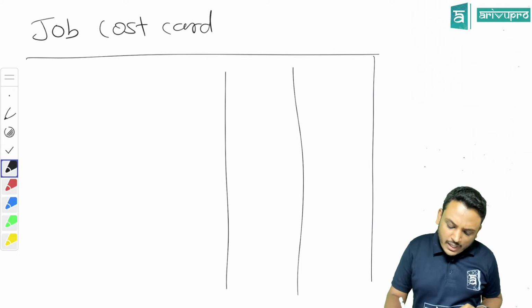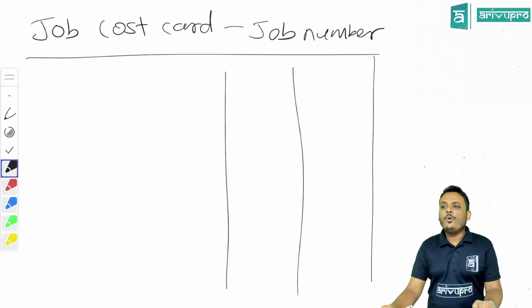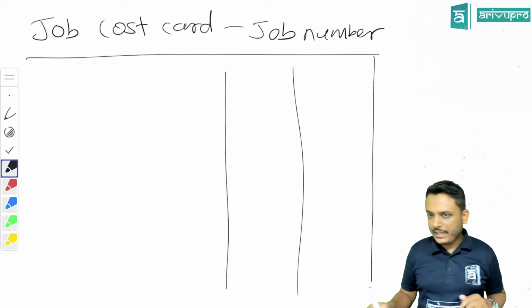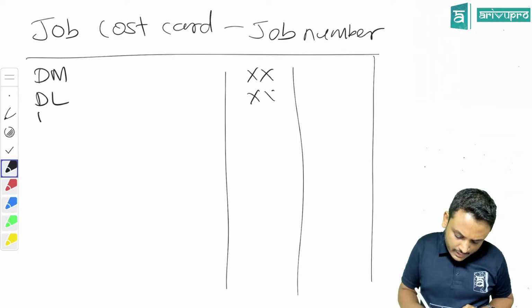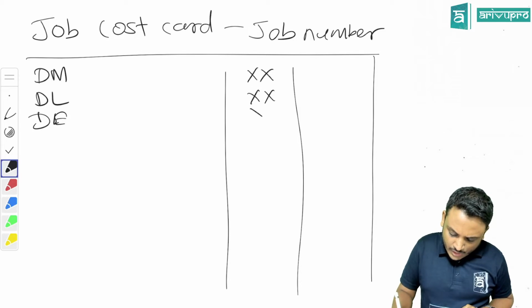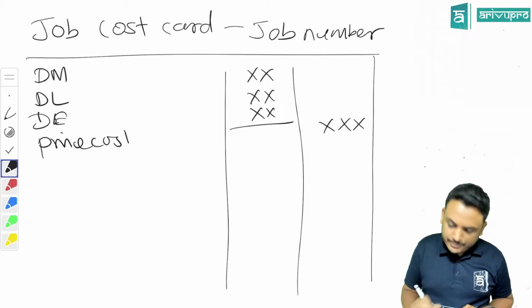This job cost card has a job number. Each job has its own job number, right? And then direct material, direct labor, direct expense. Altogether, we call this the prime cost of that job.